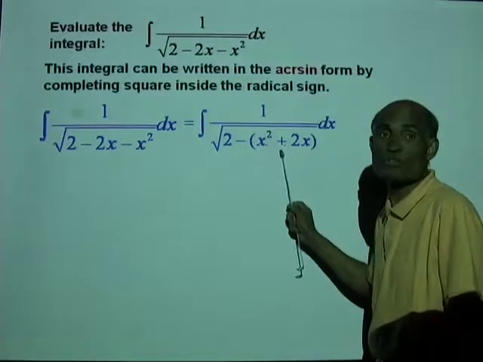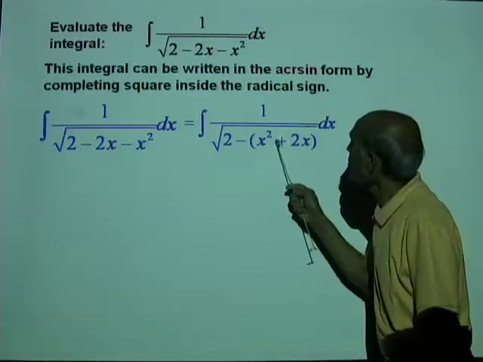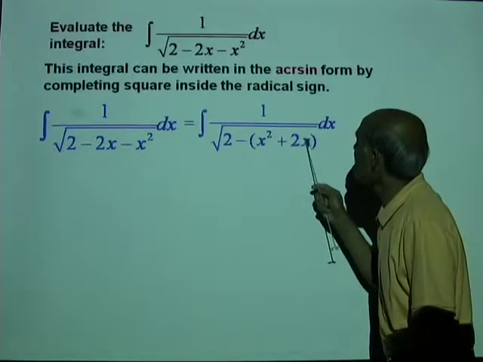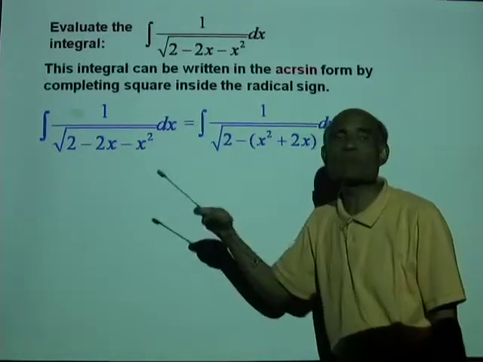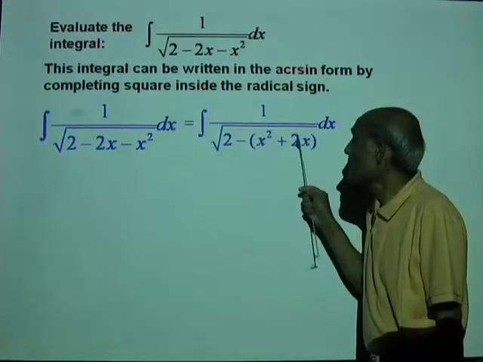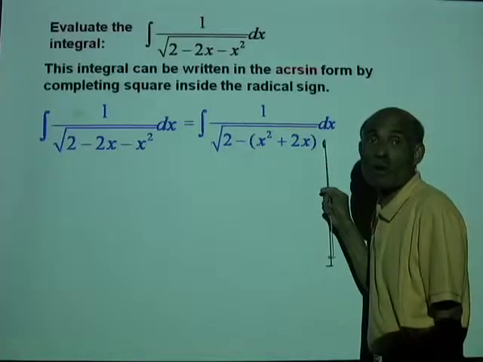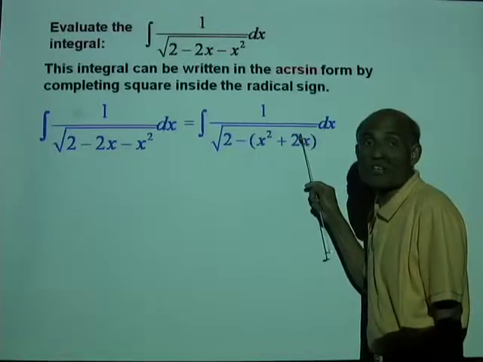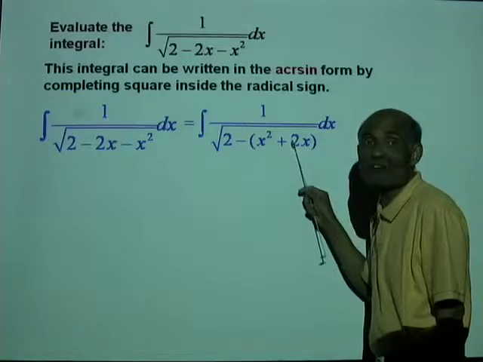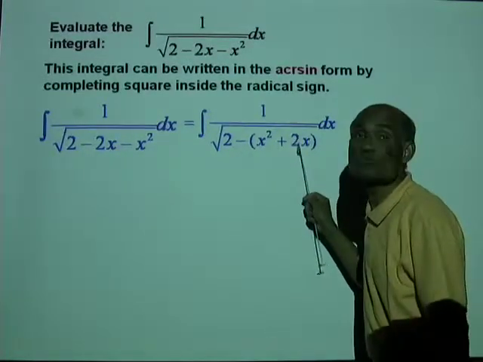If you distribute the negative sign, you get that. Now, tell me, what do you add to x squared plus 2x to make it a perfect square? You've got the first term, the middle term, and the last term is missing. Remember, for a perfect square, the last term is: take half of the coefficient of the middle term and square it. Half of 2 is 1.